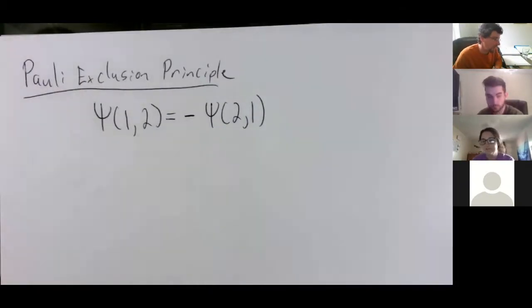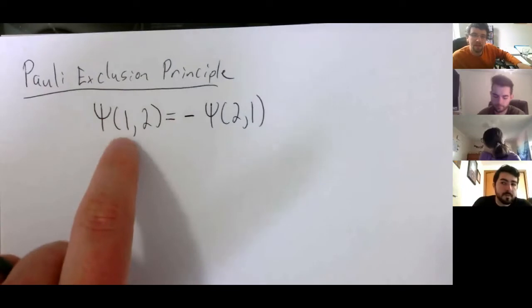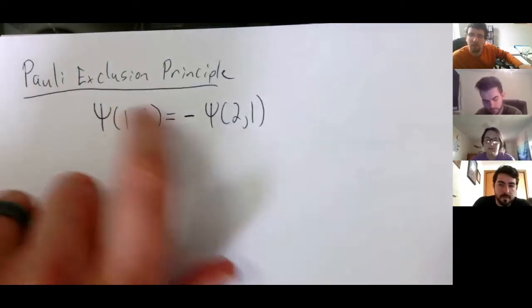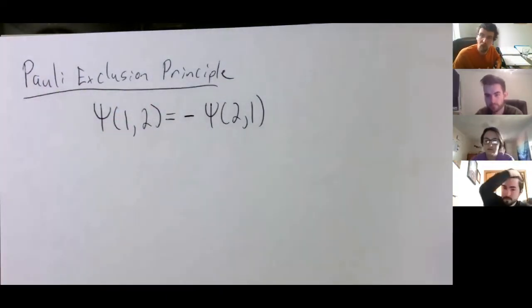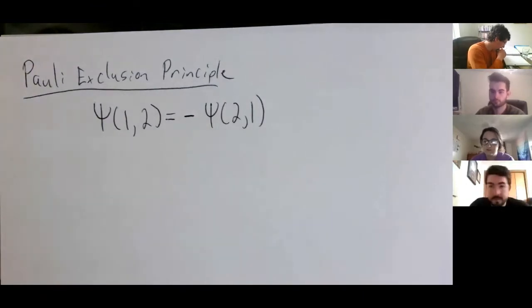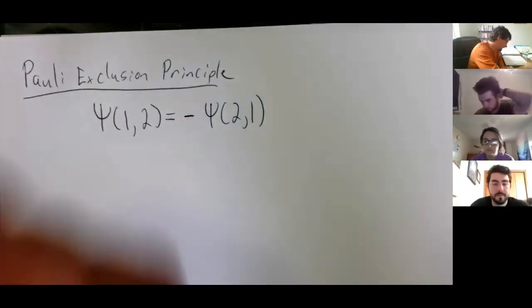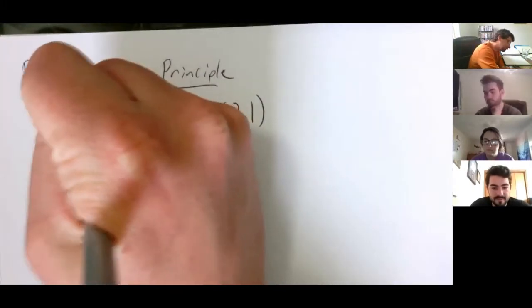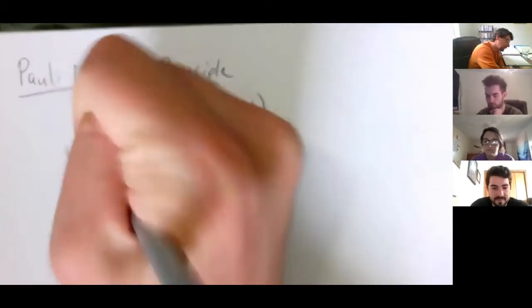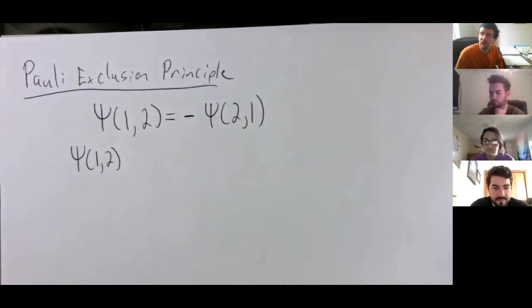Right. Okay. And last time we got to this point and we wanted to start describing why this is true. We said we have a wave function like this. If we wanted to make this wave function simpler or less complicated, if we actually want to solve this system, what approximation do we need to make?